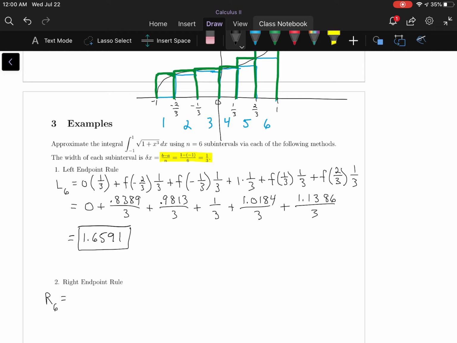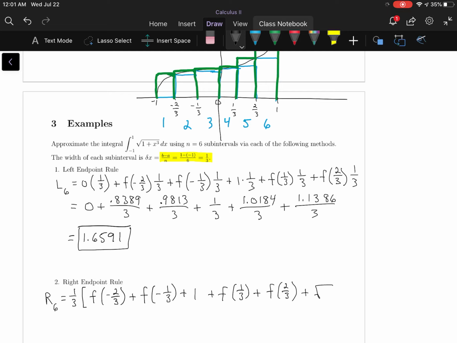For the first one, since the width is always going to be the same, I'm just going to factor out the 1/3 for simplicity. So right endpoint is going to be based on the value of f at -2/3 for the first rectangle, plus f of -1/3 for the second rectangle, plus f of 0, which we know is 1, plus f of 1/3, plus f of 2/3, and plus f of 1, which is also another pretty quick one to get.